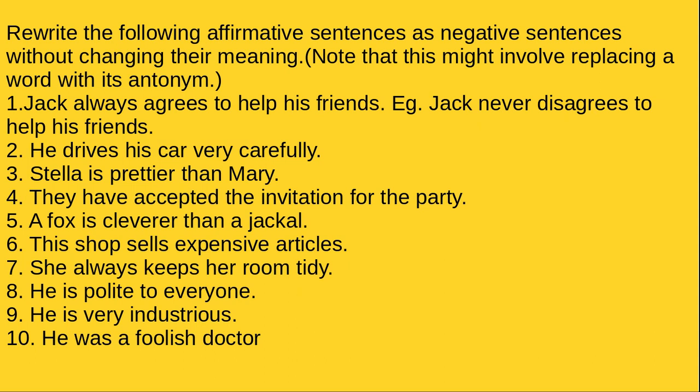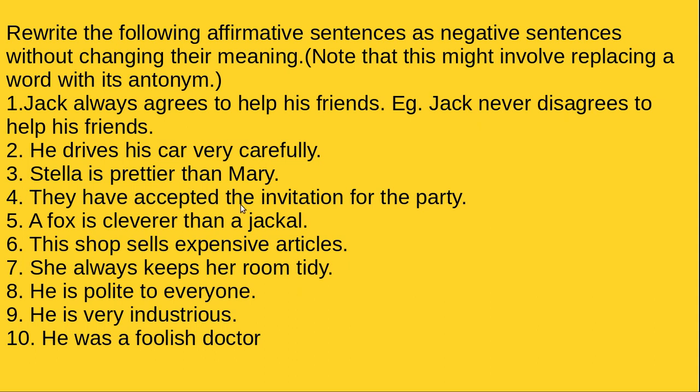In that way you have to do it. First one is done for you. Jack always agrees to help his friends. Jack never disagrees. Agrees, antonym disagree. So it has the same meaning. Then you have to try to do it. I help you by giving you the antonyms: carefully, carelessly. Prettier, that can be uglier, right?